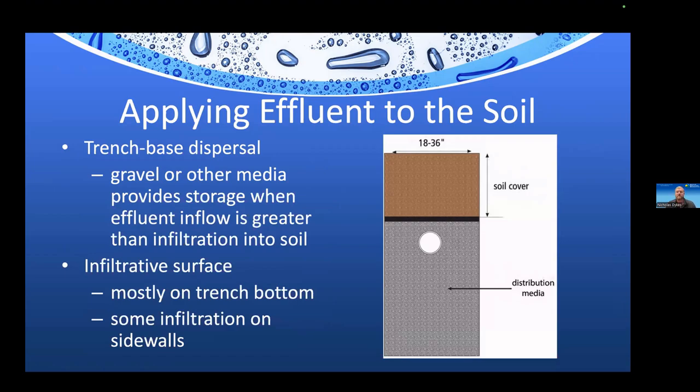With our infiltrative surface, it's mostly on the bottom, but we do get a little bit out of the sidewall in our trench. In a good conventional system, it may be gravel, or it could be another media. There are lots of different types of trench-based dispersal out there, and installers have a lot of options. So it's usually whatever is best for the soil that it's being installed in.